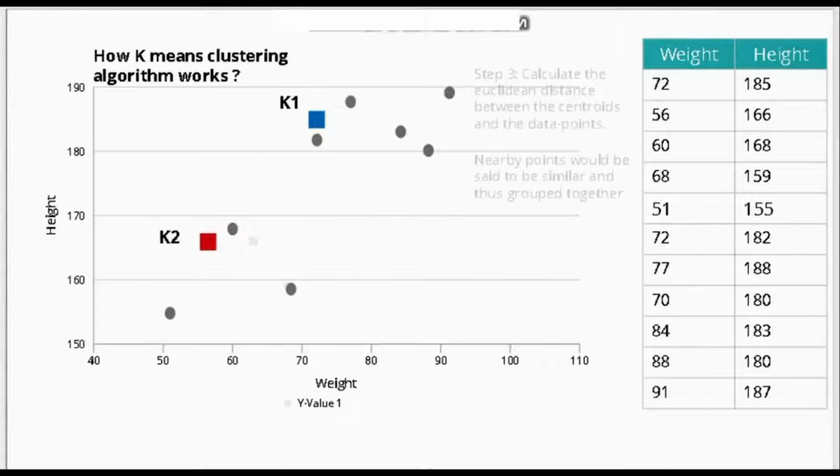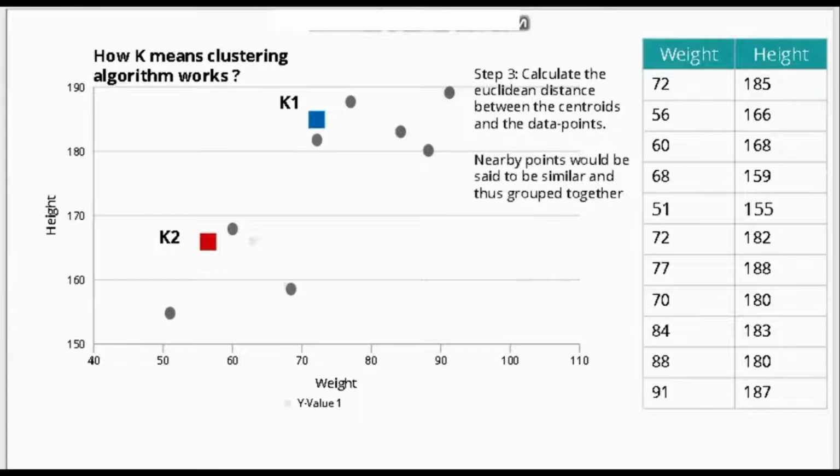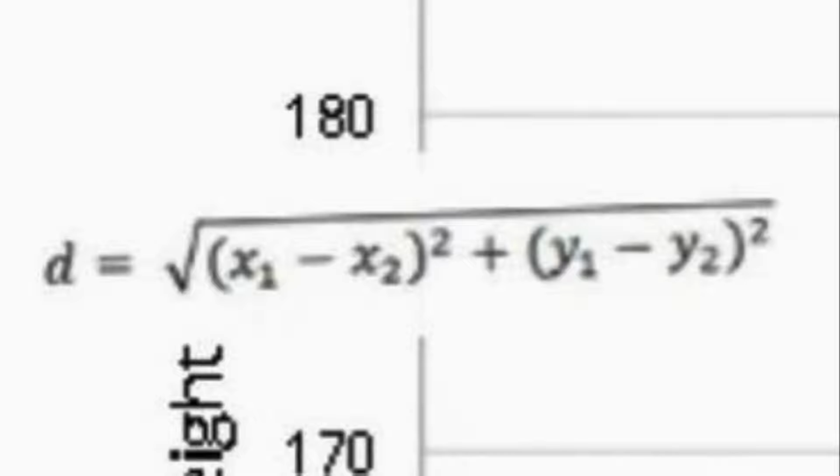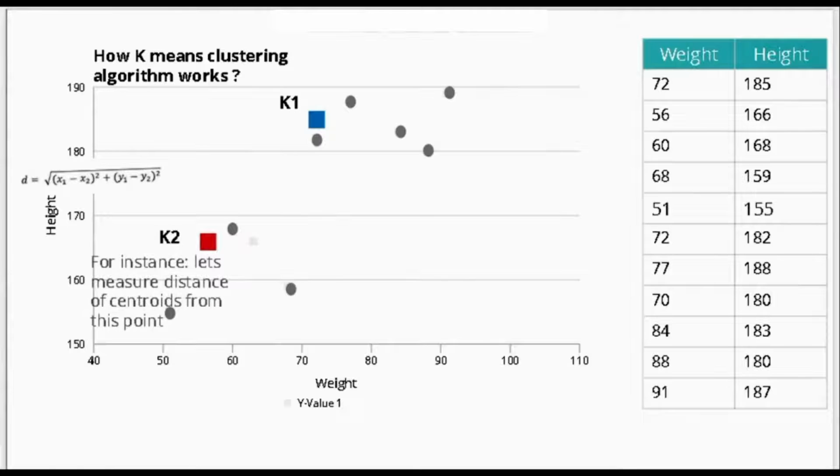Step 3: calculate the Euclidean distance between the centroids and the data points, where nearby points are said to be similar. This is the formula for calculating the Euclidean distance between two points. We take the difference between the x coordinates, add it to the difference between the y coordinates, and square it, just because we want the result to be a positive number.